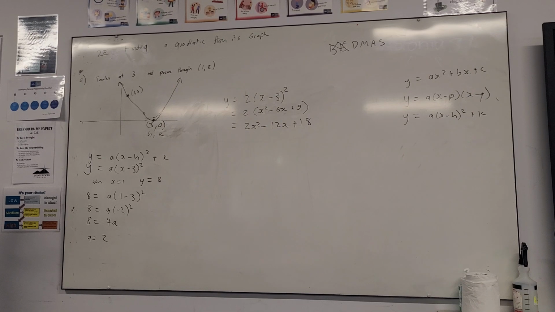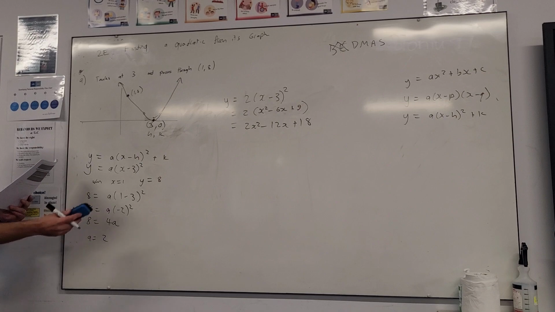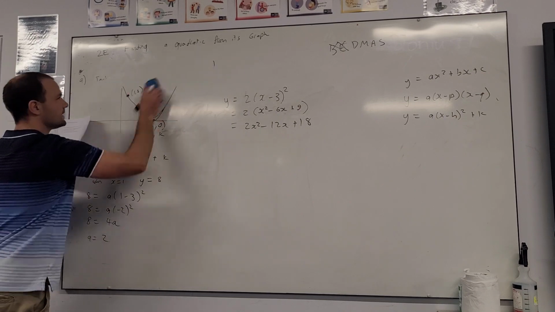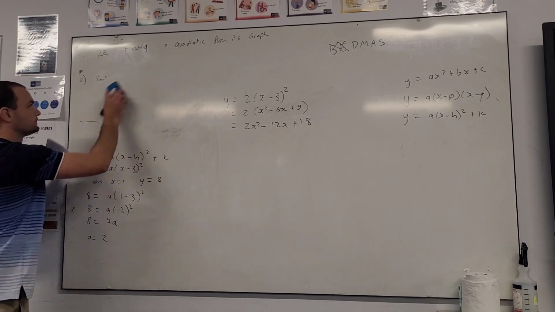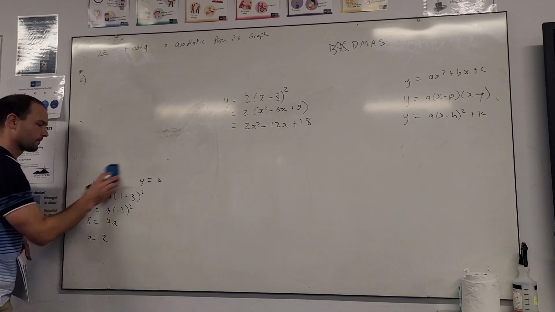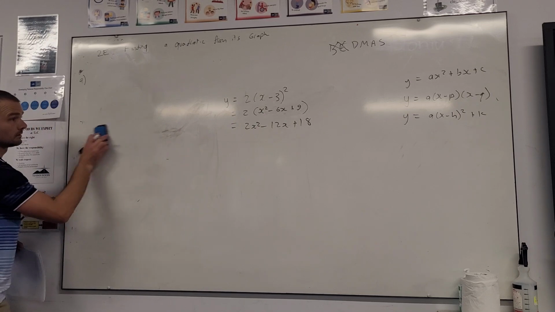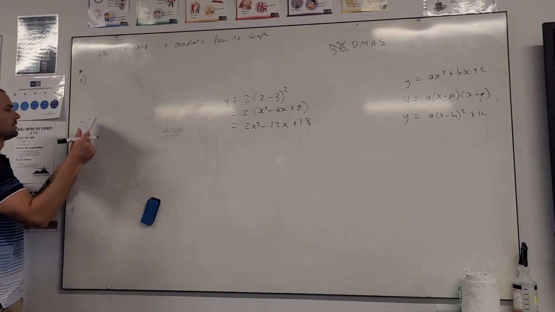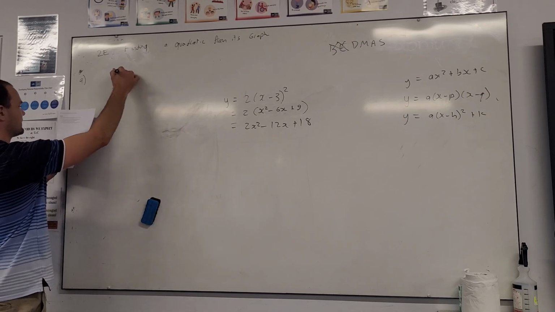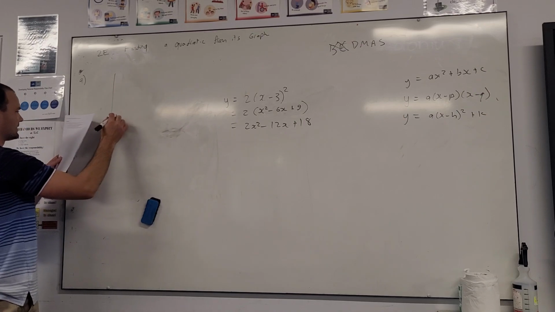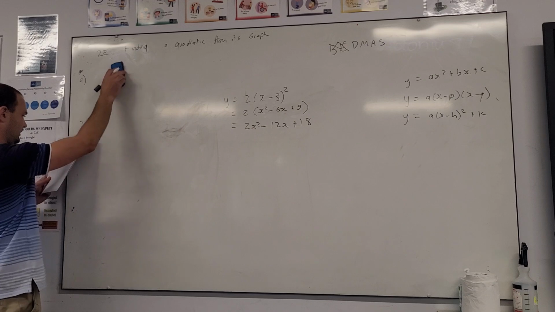All right, let's move on to C. Now C is a good one. I like C. So we've got cuts the x-axis in 1 and has a vertex at minus 3, minus 8.